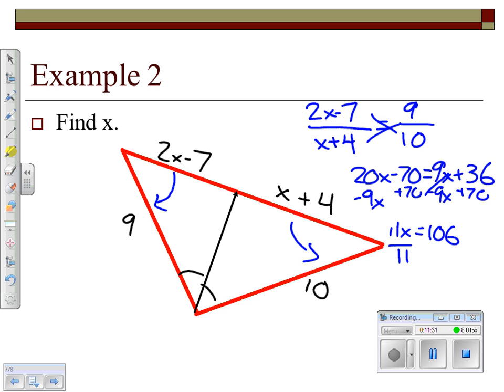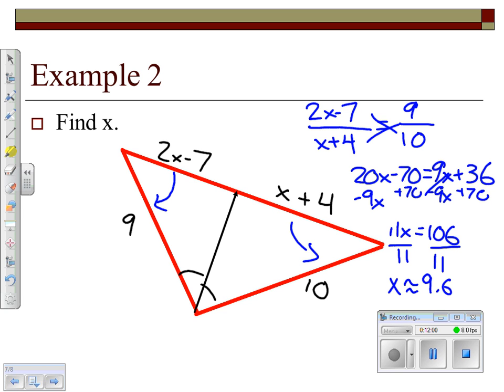Then you divide 106 by 11 and see what we get. It looks like we'll need to round, so we'll say approximately 9.6. Tenth is okay for this stuff.